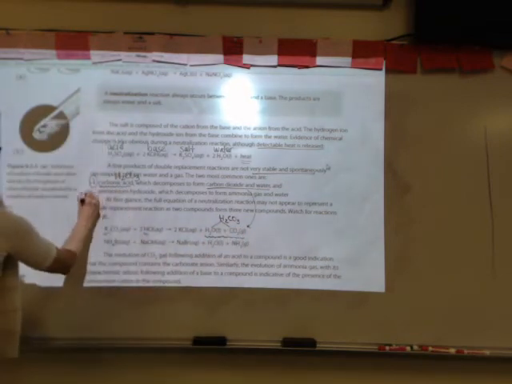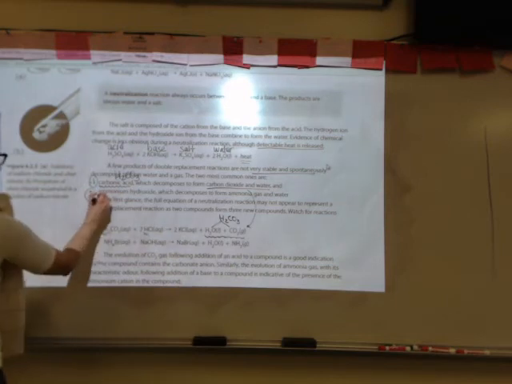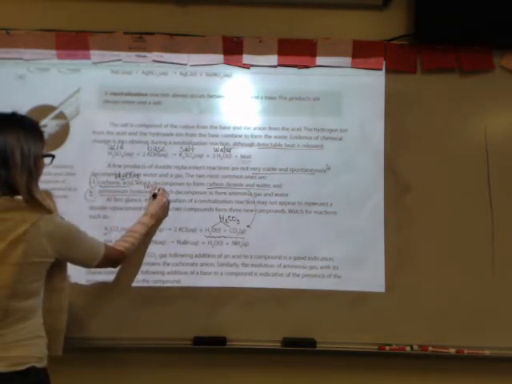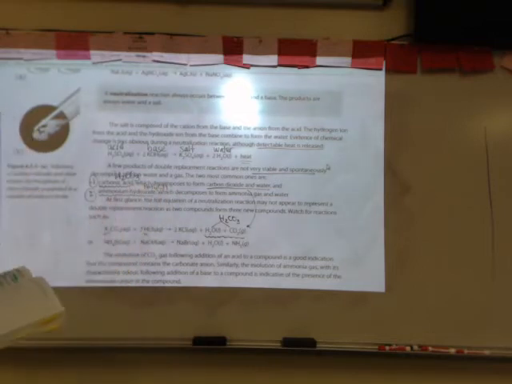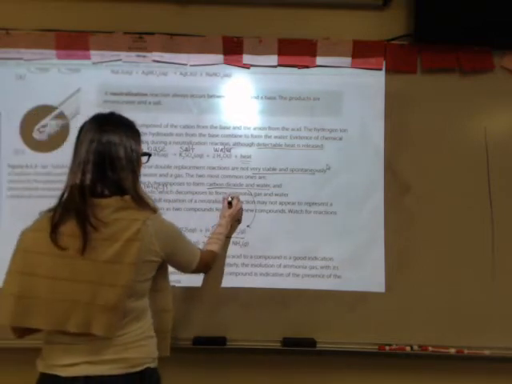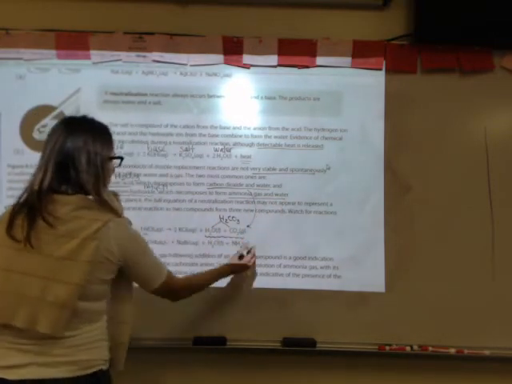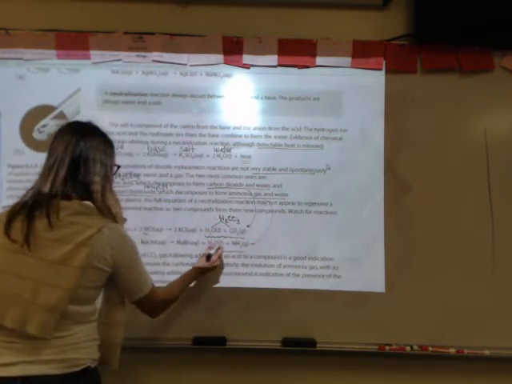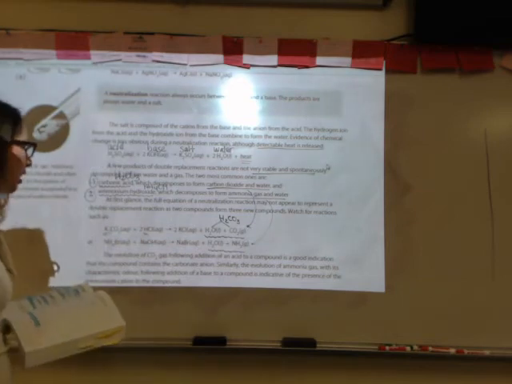Now, the other one that is not very stable is ammonium hydroxide. Ammonium hydroxide is NH4OH. It immediately decomposes to ammonia gas and water, which is down here. Okay, so just keep that in mind.